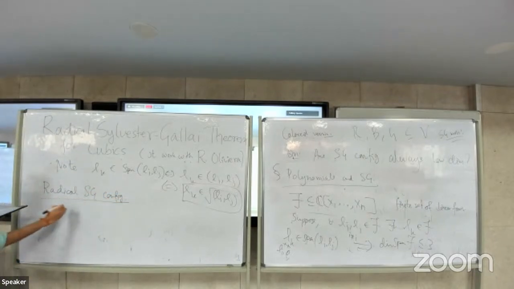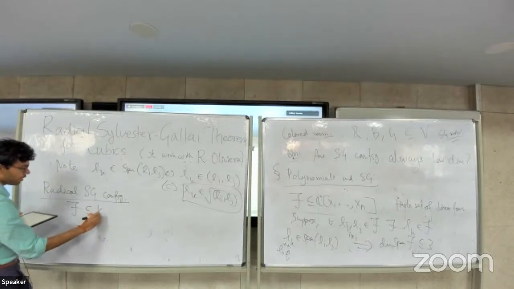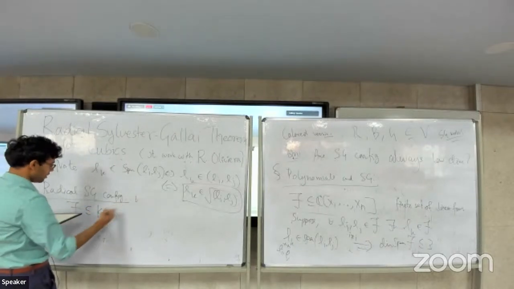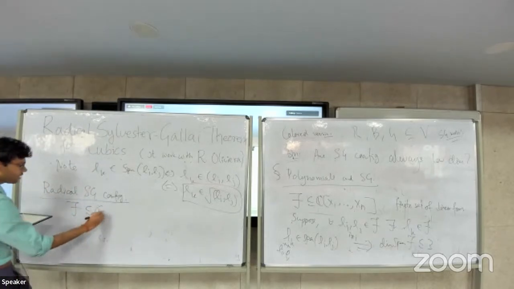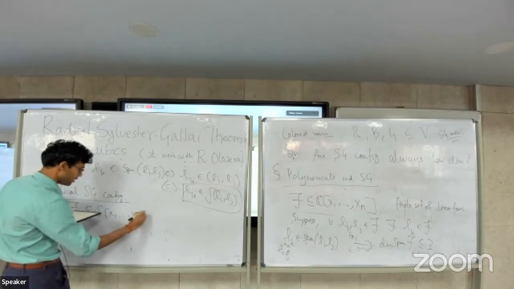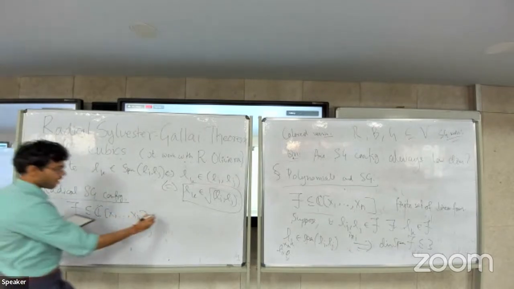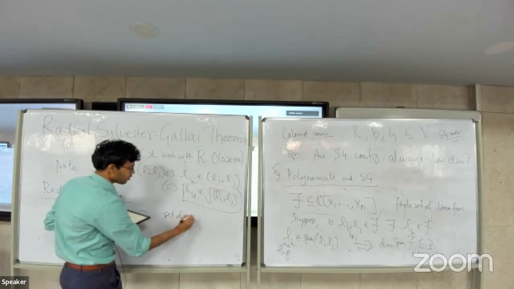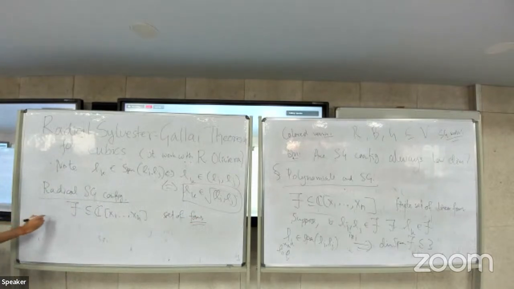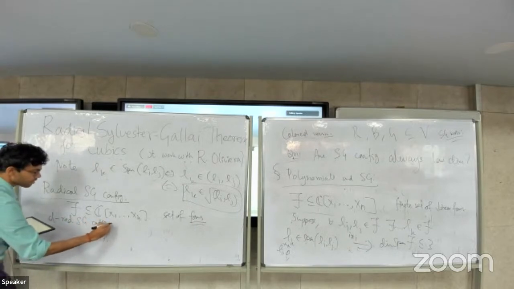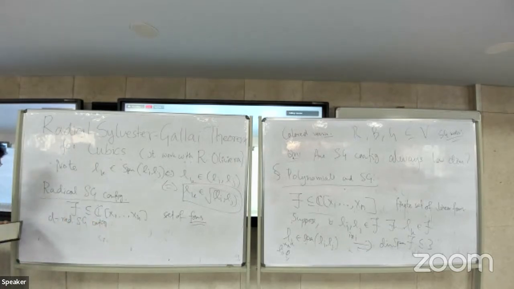Now we have a set of homogeneous polynomials, a set of forms of any degree inside our polynomial ring C[x1, ..., xn]. So F is a set of forms, by which I mean homogeneous polynomials. I will call this set a D-radical Sylvester-Gallai configuration if the following things happen.